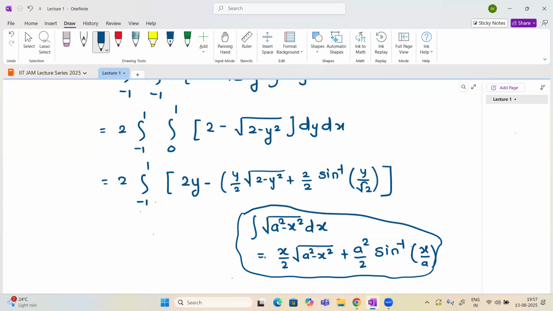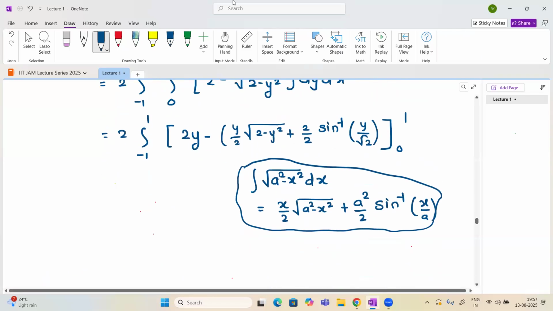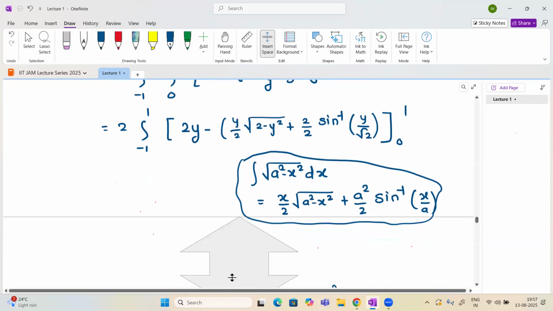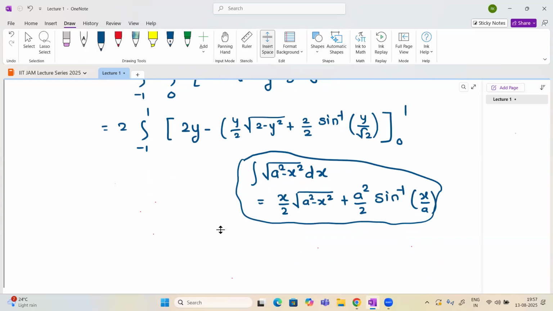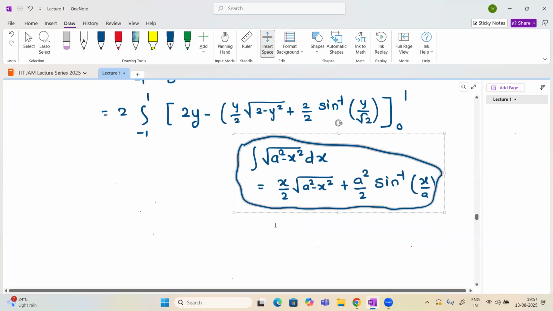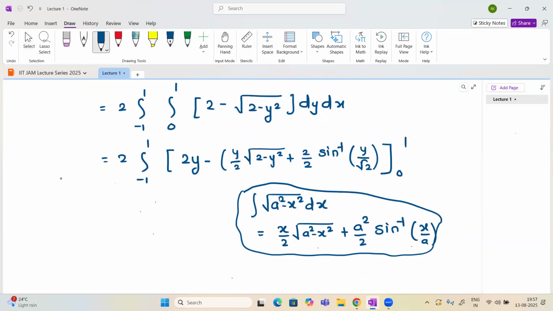Agree? Put upper and lower limit. So is it 3 minus pi by 2? Just a minute. I am putting 1 first. 2 minus, if I put 1 here, it will be 2 minus 1, which is 1.